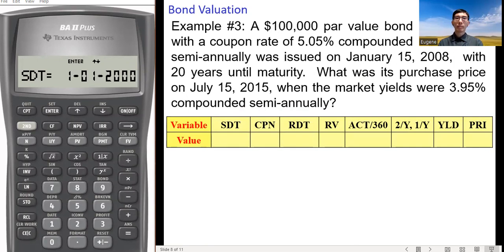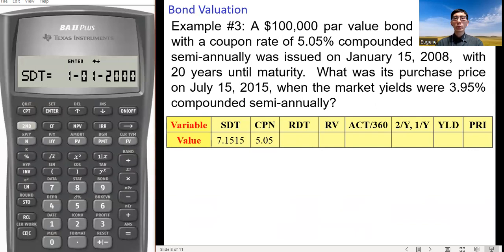Now we have the selling date, July the 15th, 2015. So we key in 7.1515 as SDT. CPN, the coupon rate 5.05. RDT is the maturity date of the bond.